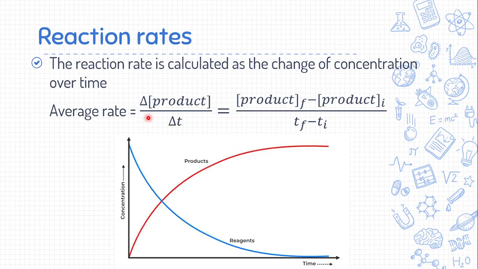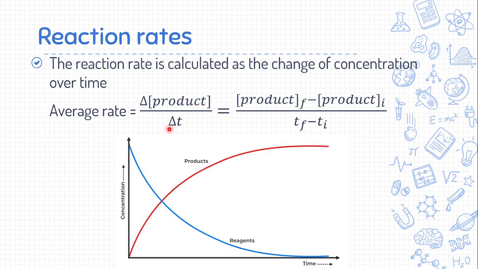Now, in mathematics, we denote change as delta. So the rate can be written in mathematical terms as the change in product concentration. In chemistry, we use brackets to denote that this is the concentration. So this is read as the change in concentration of the product over time.